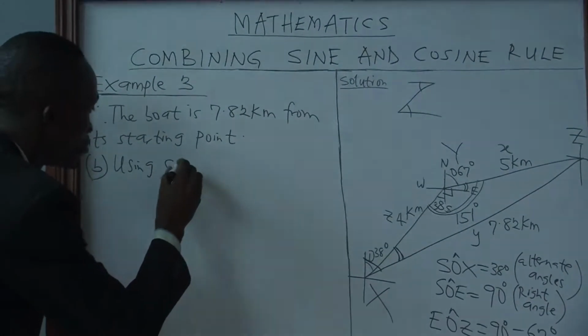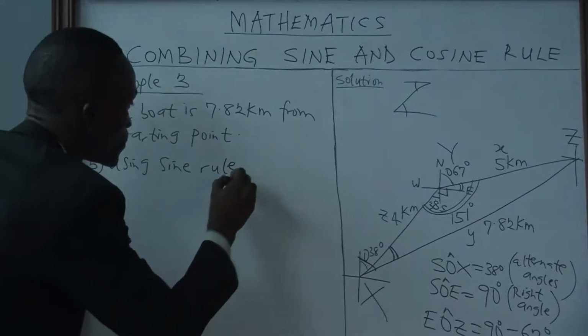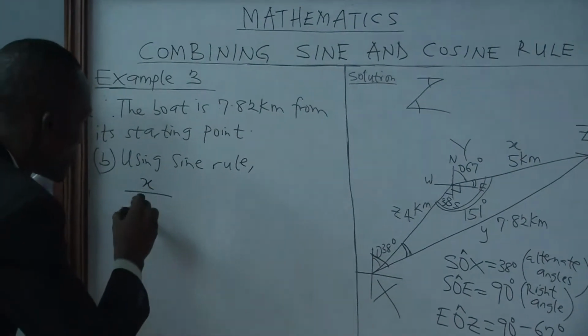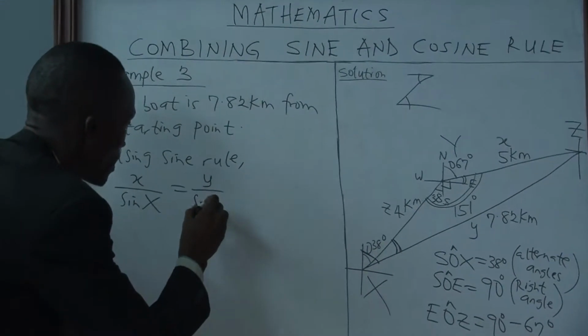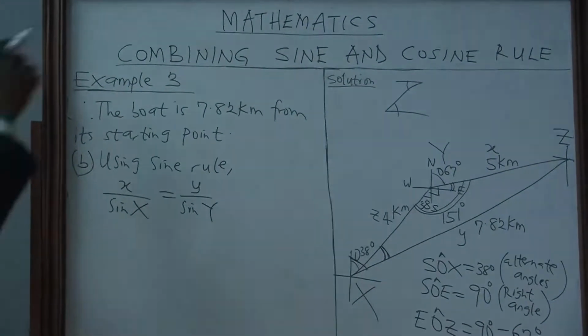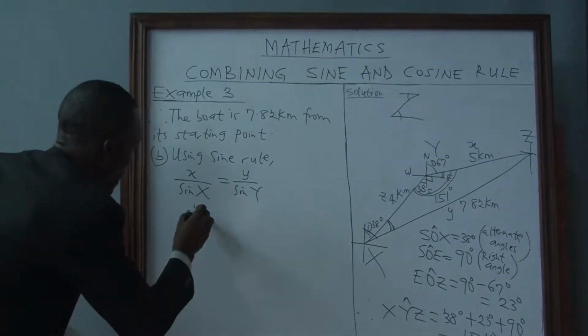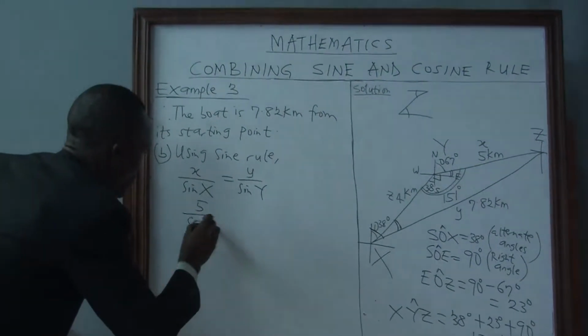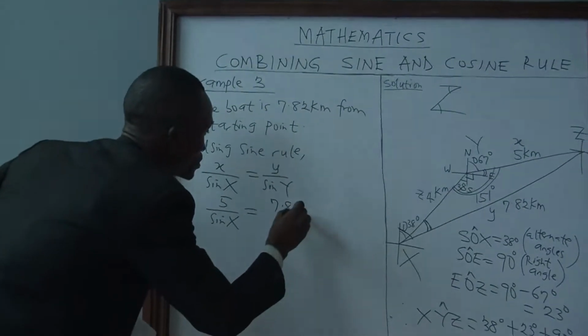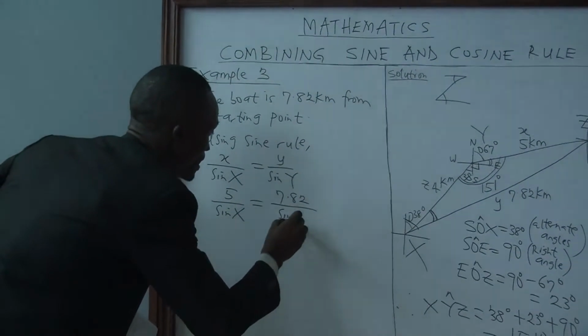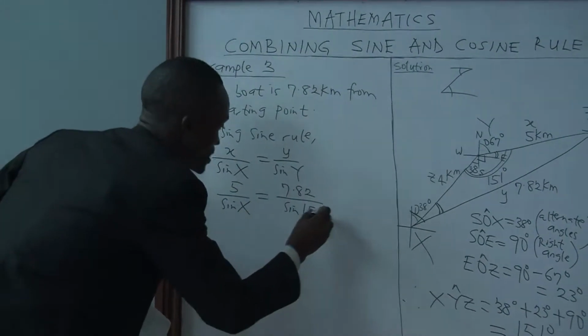Using sine rule, we have x over sine x is equal to y over sine y. Our x from there is 5. So we have 5 over sine x is equal to y, which is 7.82 divided by sine 151 degrees.